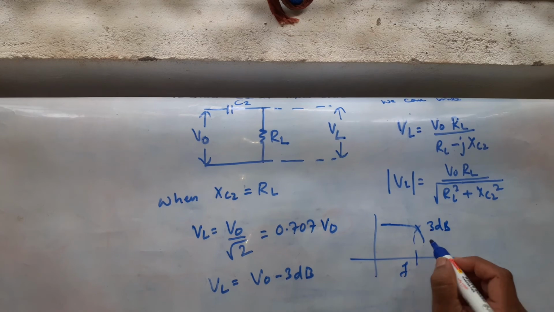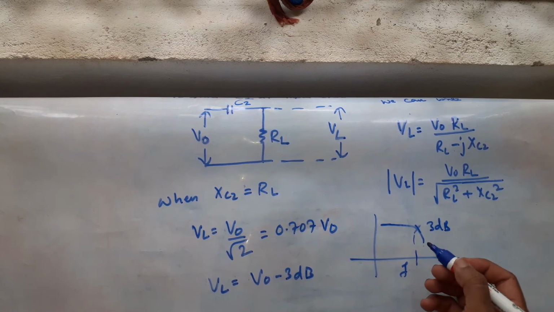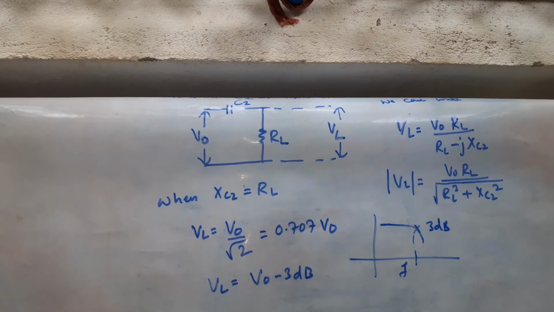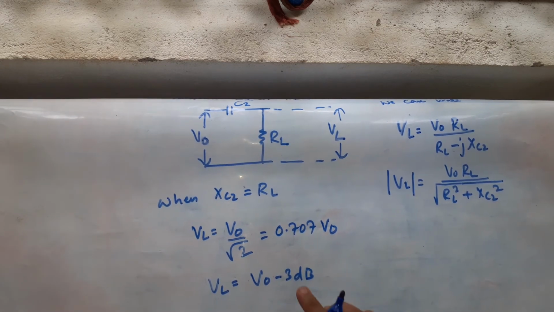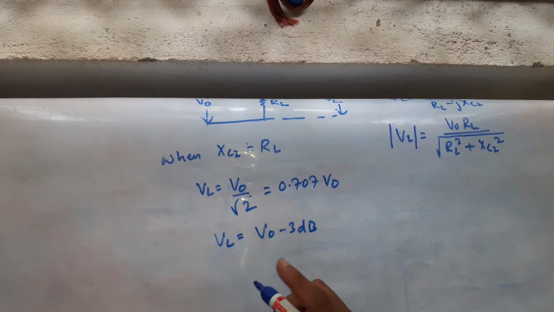There is a concept for this, why 3 dB is required, what is the upper cutoff frequency, lower cutoff frequency. When I get time for this, I'll explain later. Now to get this minus 3 dB, this 0.707 is a must.